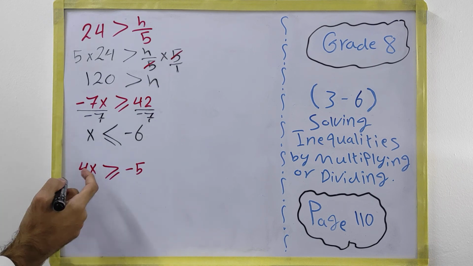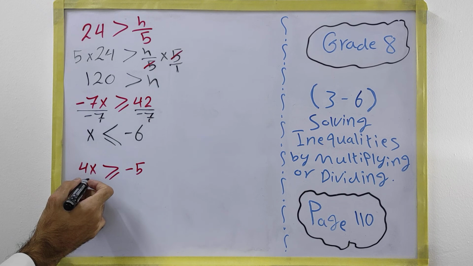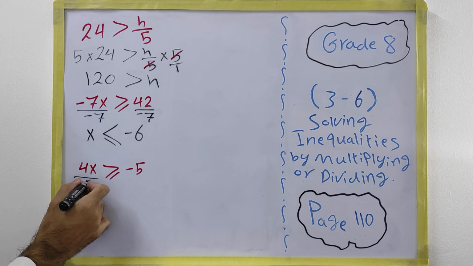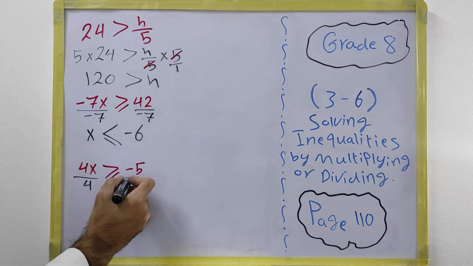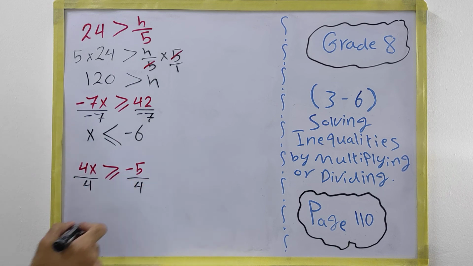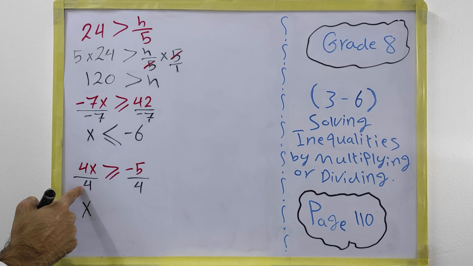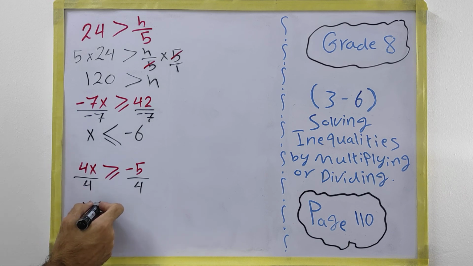In the other one the same. Here we have 4x greater than or equal to negative 5. Because you have 4 with the x, we divide by 4. 4 divided by 4, it will be only 1x. Because we divided by a positive number, we don't change the sign.